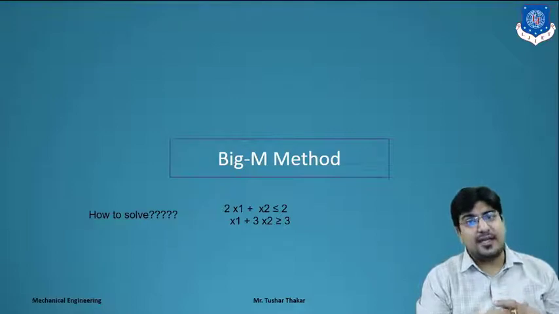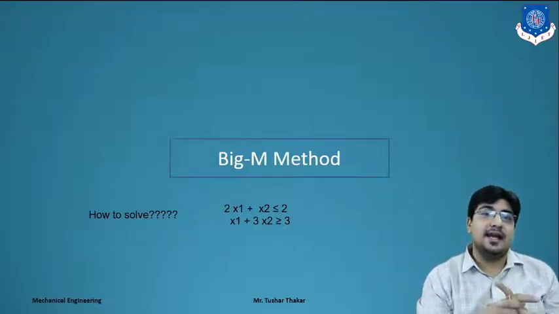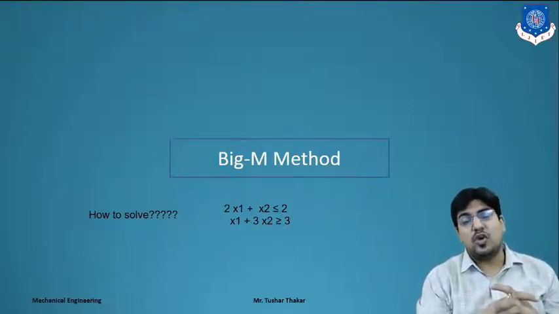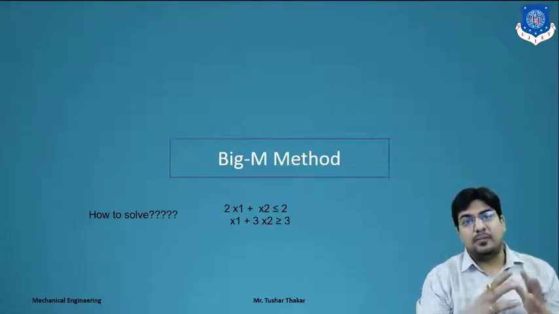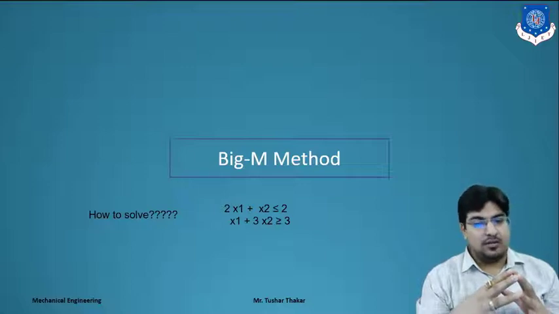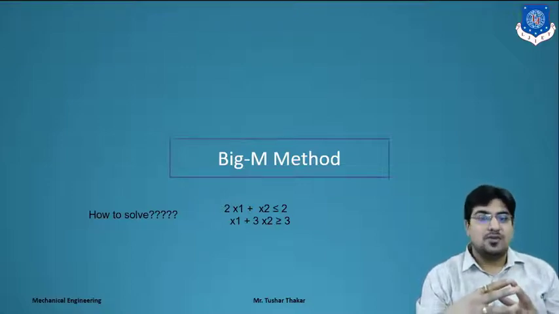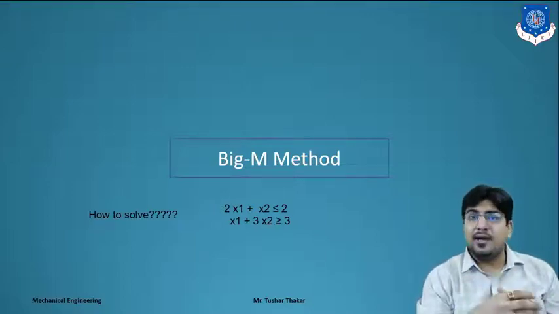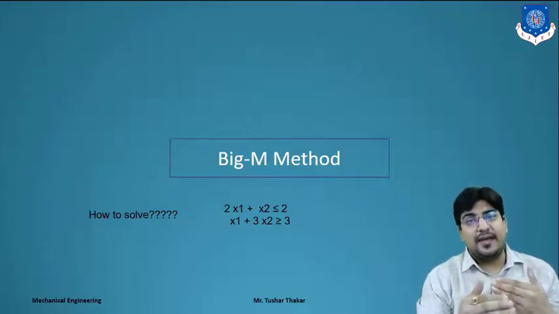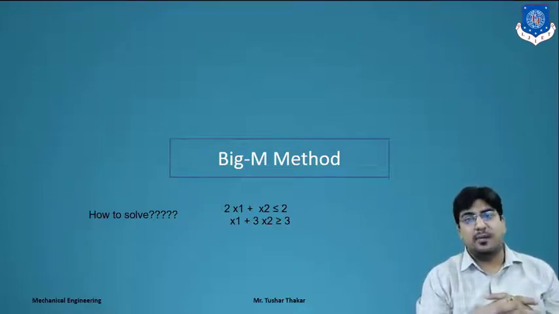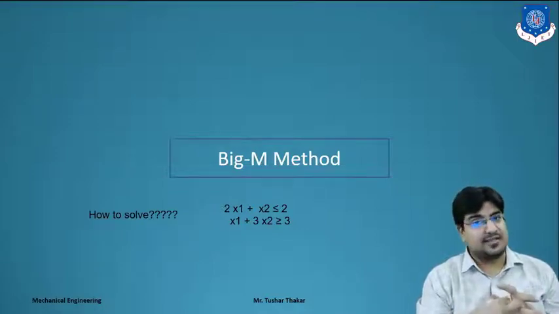We can solve that equation and find the optimum value. So let's see what the big M method is, when it is used, what it indicates, how we solve it, and what the steps are. Let's see in today's session.